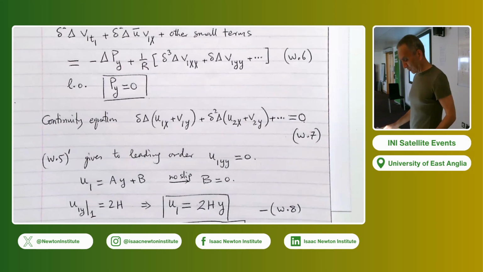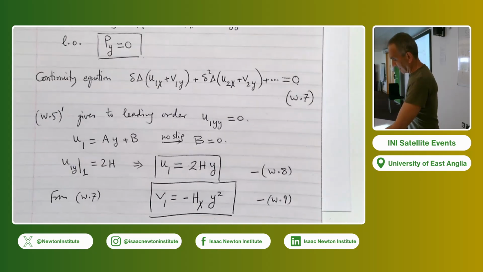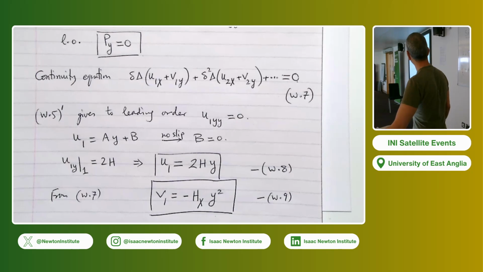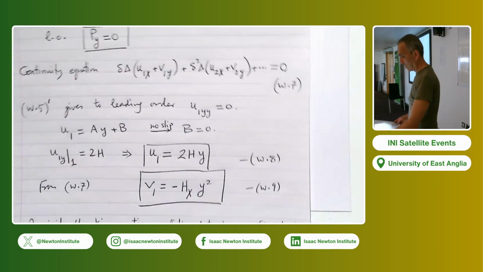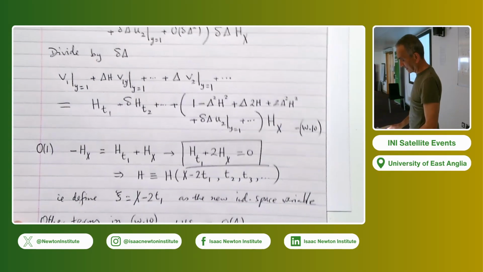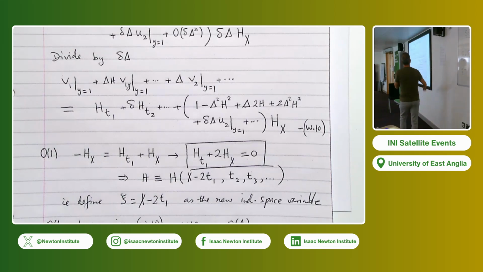Because I want to do one more thing, you can solve for U0, U1, V1, and so on, and the key is the kinematic condition here. If you do all the expansions, this will be your next slow time scale.